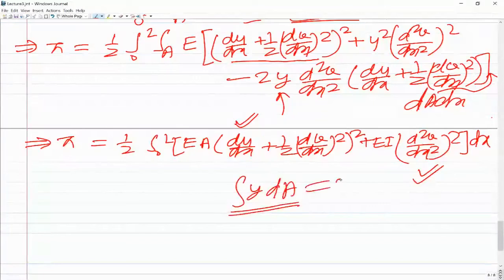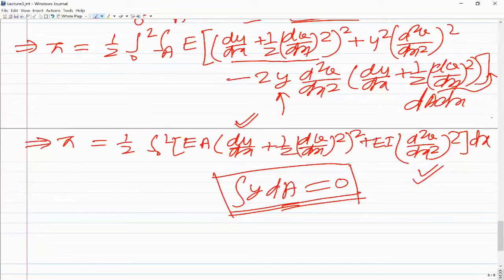So this term is equal to 0 because you are taking the origin for y in such a way that integral y dA is equal to 0. For the linear problem, that is the neutral axis. Of course, when we have finite deformation and axial stretching, the stress is not going to be 0 at location y equal to 0, but the origin of y is chosen in such a way that integral y dA is equal to 0.